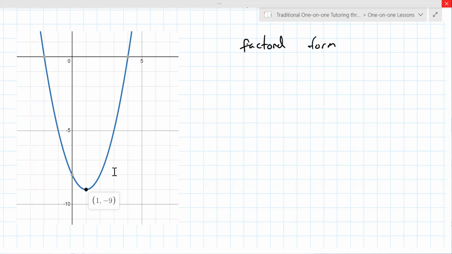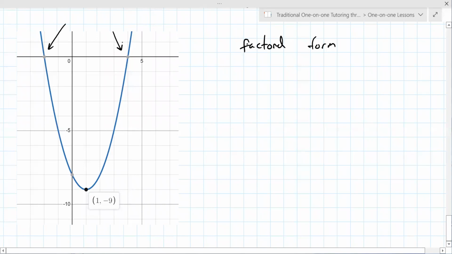So what are the two x-intercepts? You just need the x values, x equals and x equals. What are the two x values where it crosses the x-axis?